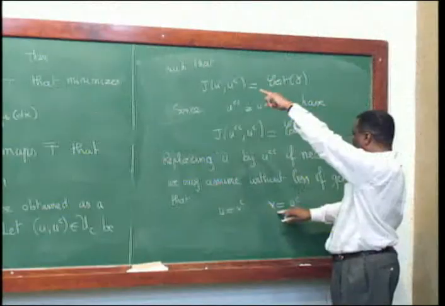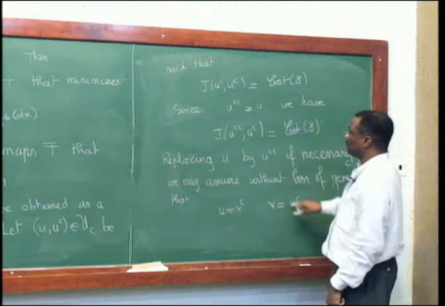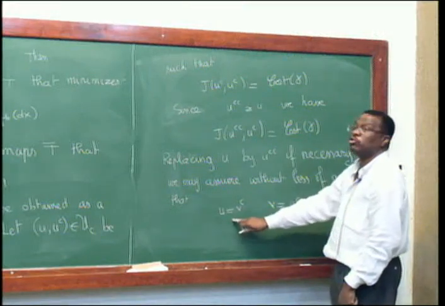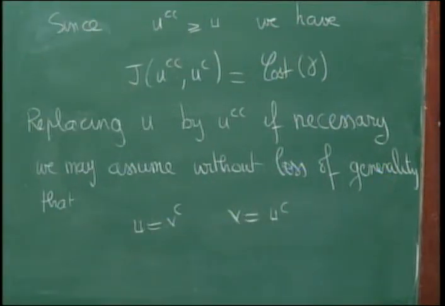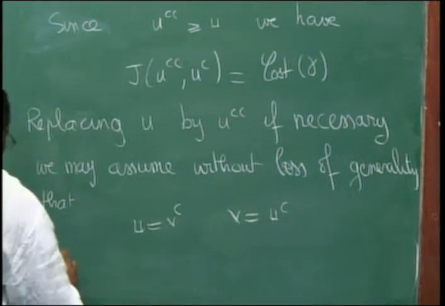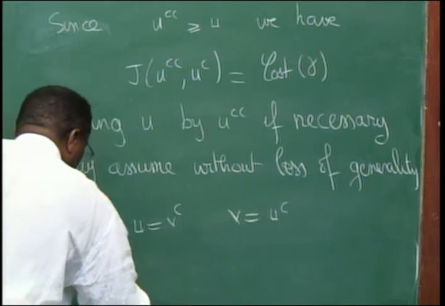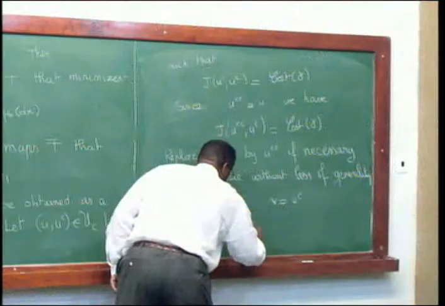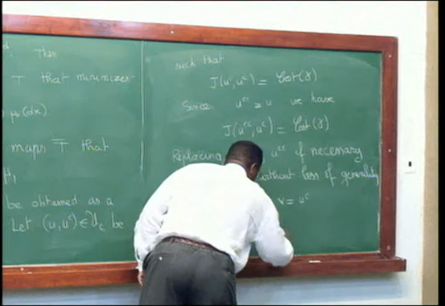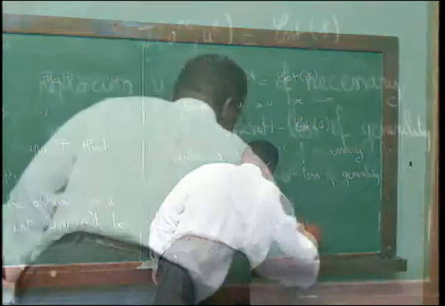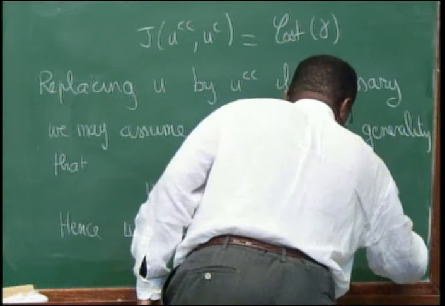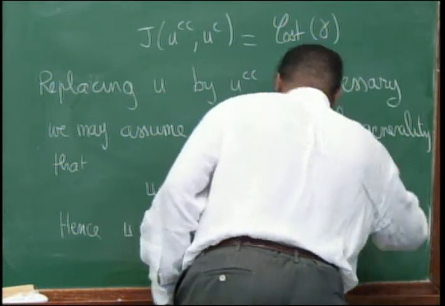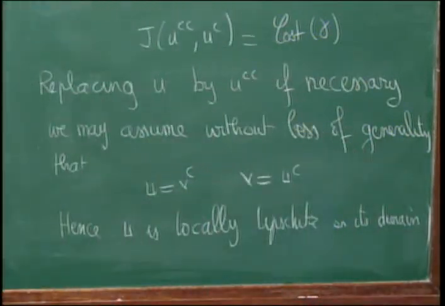Because if I do V^c, I get U^cc. And so I have what I want. I did that because I can conclude that hence U is locally Lipschitz on its domain. And so it is differentiable almost everywhere.